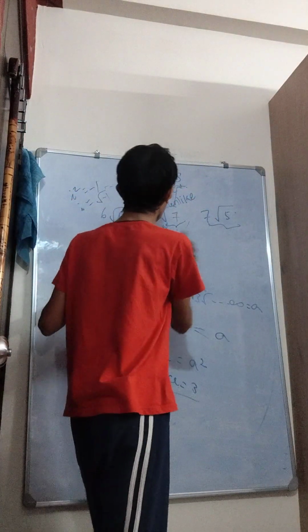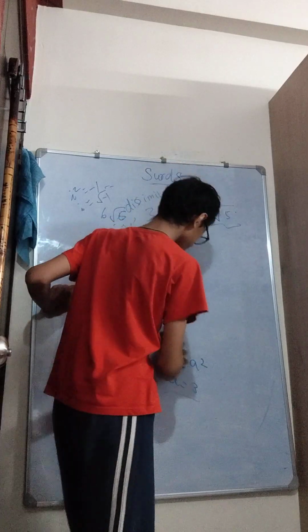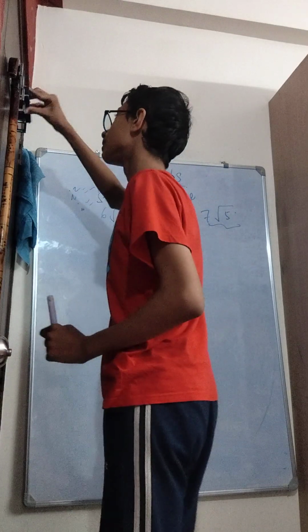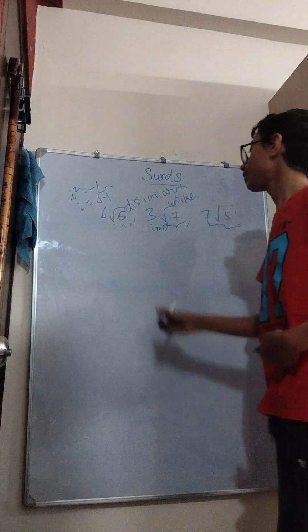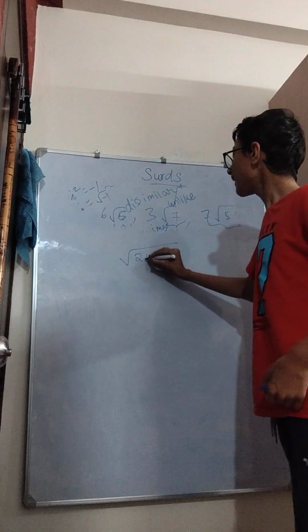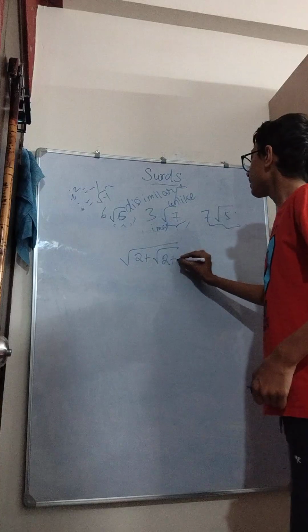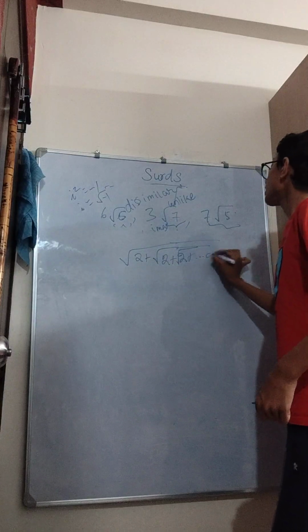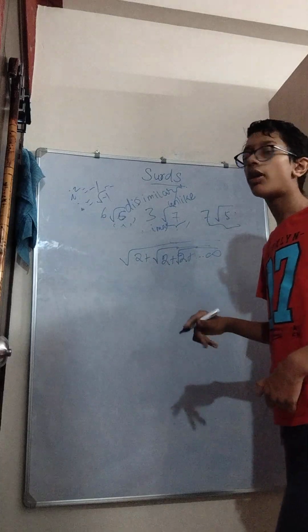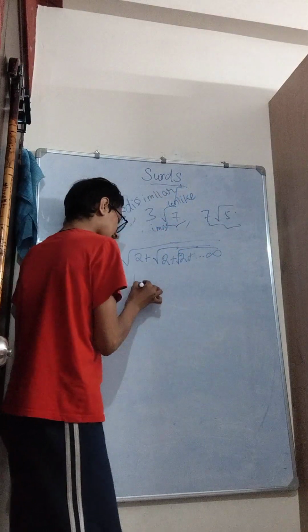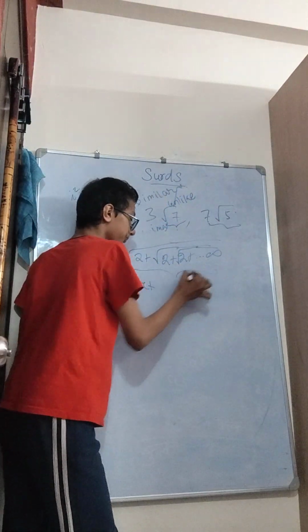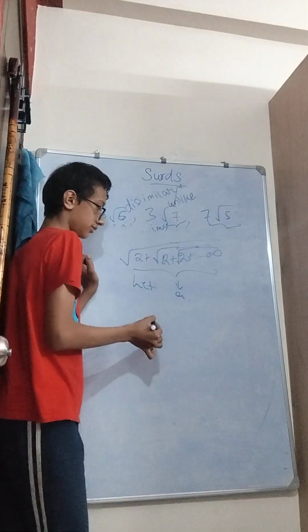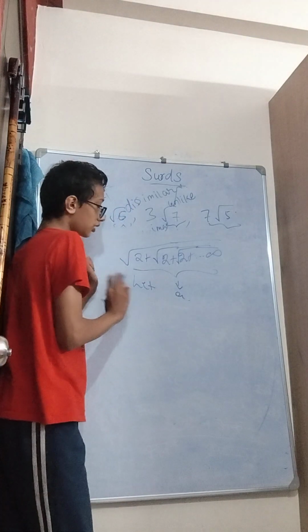Now example, addition. So in addition, example root 2 plus root 2 plus root 2 plus, everything is inside the root, okay, all the way to infinity. So how to solve this type of term? Keep again, let this term be A, okay.